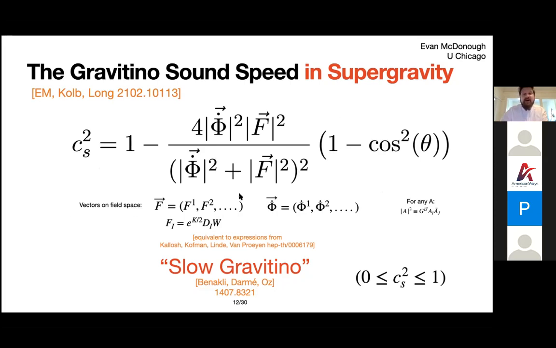This general phenomenon, that the sound speed itself is not in general equal to 1 but you can prove it's bounded between 0 and 1, is known as the slow Gravitino. That name goes back to a paper from 2014, and all of the machinery for this goes back to the early 2000s work by Renata and Andrei and collaborators.